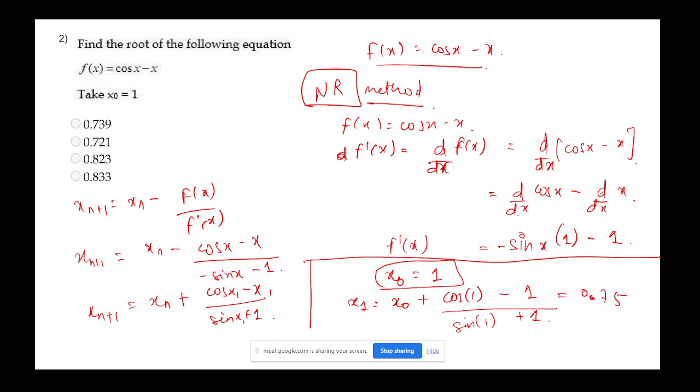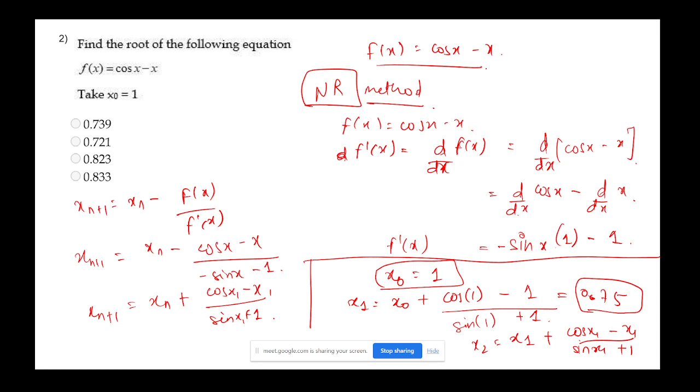Now you take this value and put it in again: x2 equals x1 plus (cos x1 minus x1) upon (sin x1 plus 1).